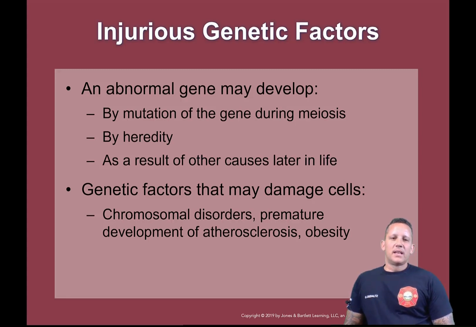Something that you guys should consider is that as cells reproduce and split and then copy themselves, along the way, sometimes we can lose parts of that DNA sequence, which may cause the cell to kind of mutate, the genes ultimately mutating because they're losing parts of the material that they need to, and this ultimately will end up damaging cells. So this can become a chromosomal disorder, which would create like premature development of atherosclerosis or obesity and some other things.